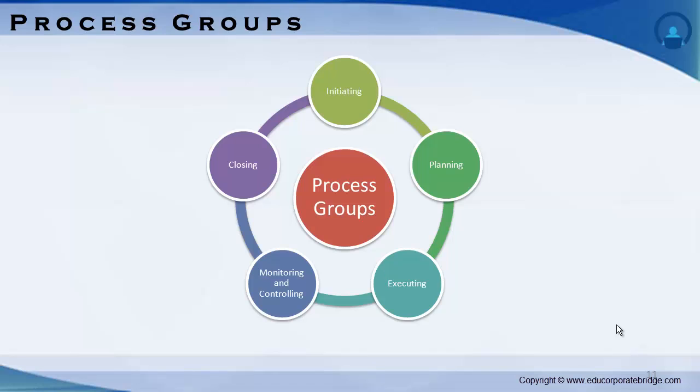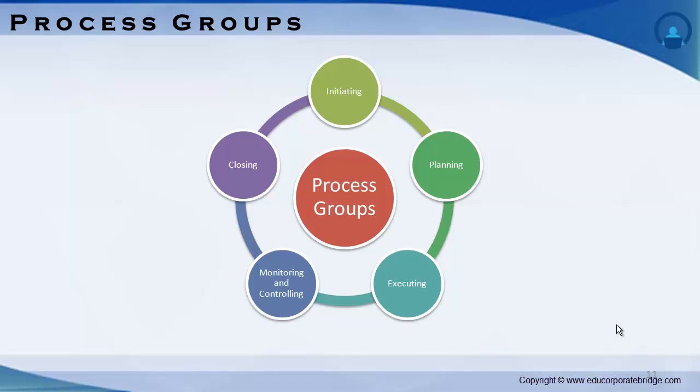Initiating process group includes those processes which are performed to start a new project or start a new phase of an existing project. Planning process group. It includes those processes which are required to establish the scope of the project, refine the objectives, and define the further course of action.